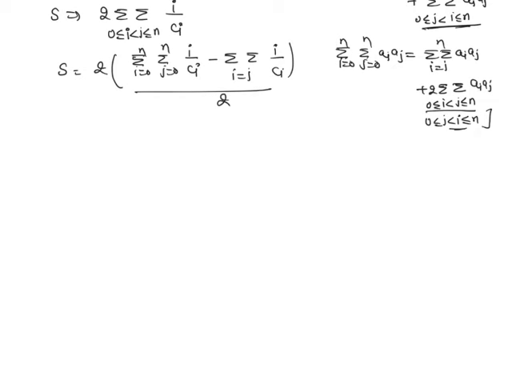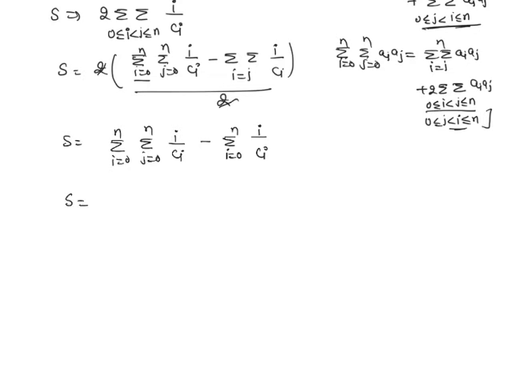So S equals, 2 is getting cancelled. The sigma i equals 0 to n, sigma j equals 0 to n, i divided by nCi minus sigma, this we can write i equals 0 to n, i divided by nCi.